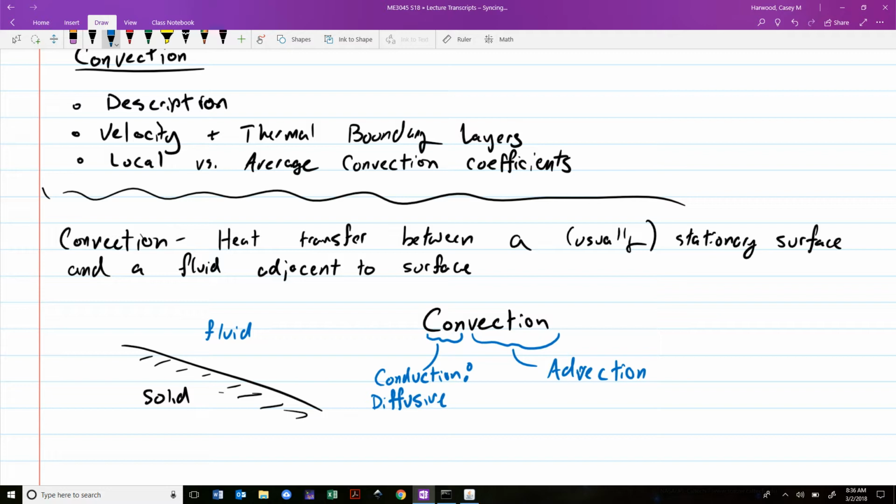And from there, the advective term starts to pick up. So advection, we choose to describe as transport. So convection is the combination of these two things, some spreading out of heat and some transport of heat by the bulk motion of the fluid, if we consider this fluid to be flowing past the object.